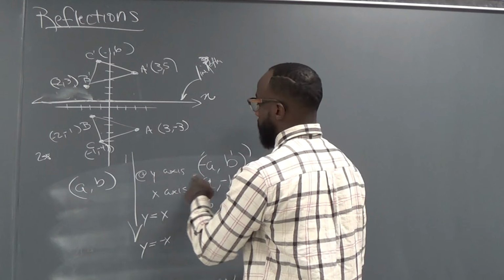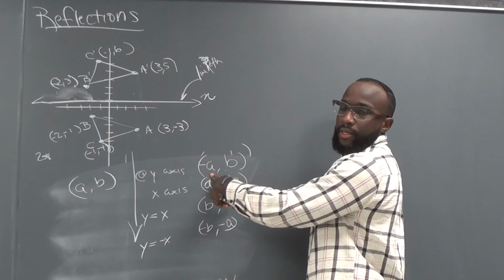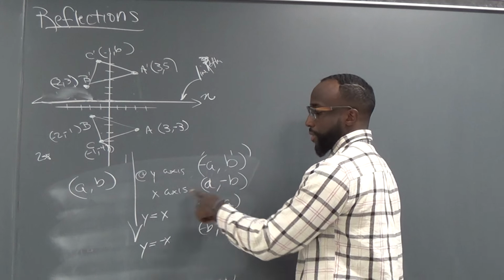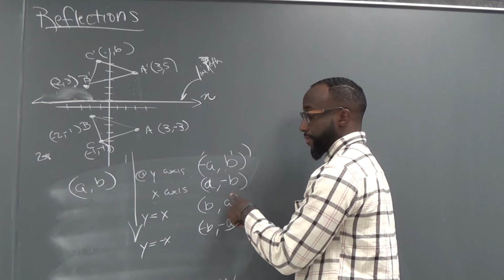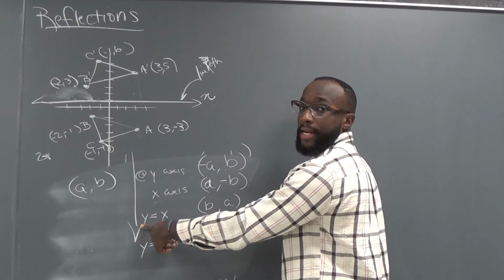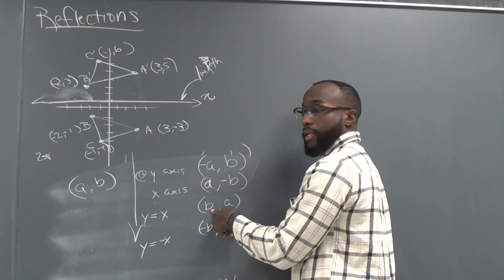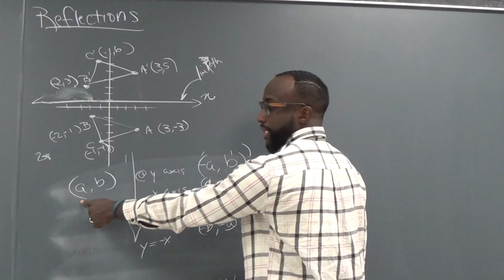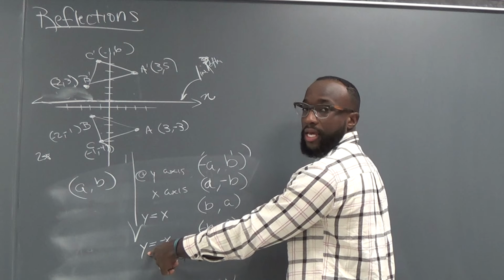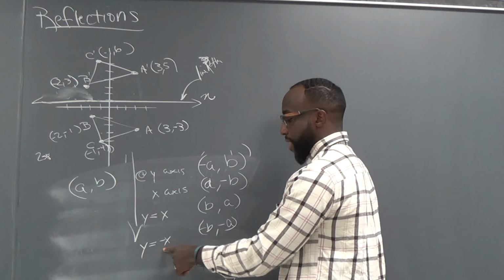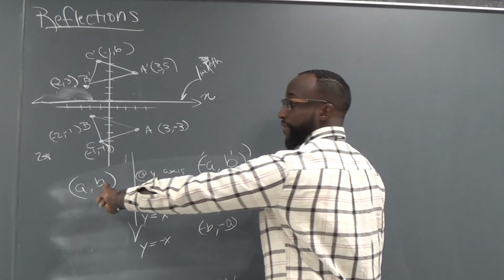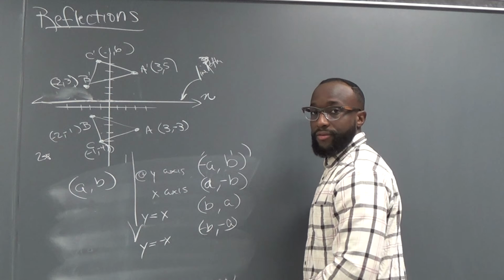Okay? Again, y-axis, the x becomes negative. X-axis, the y becomes negative. If it's on a line with a slope of 1, the x and the y flip positions, they change positions. And then if it's a negative line, the x and the y change positions, and they become negative.